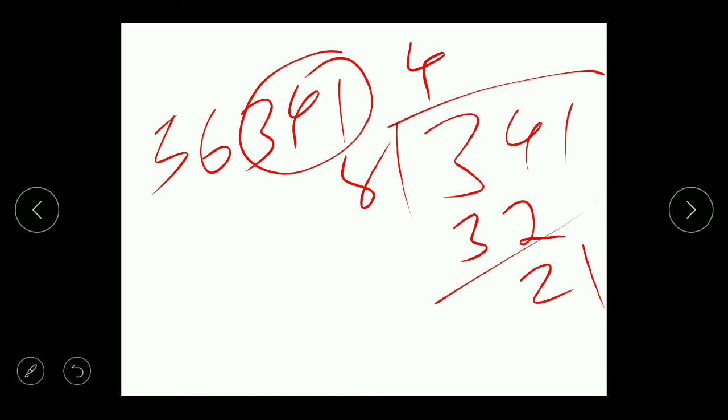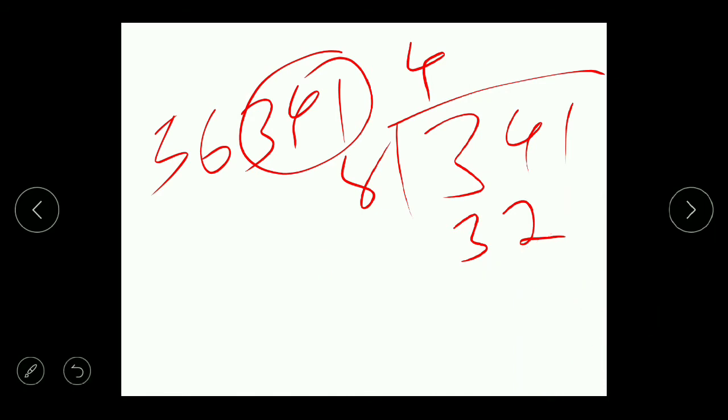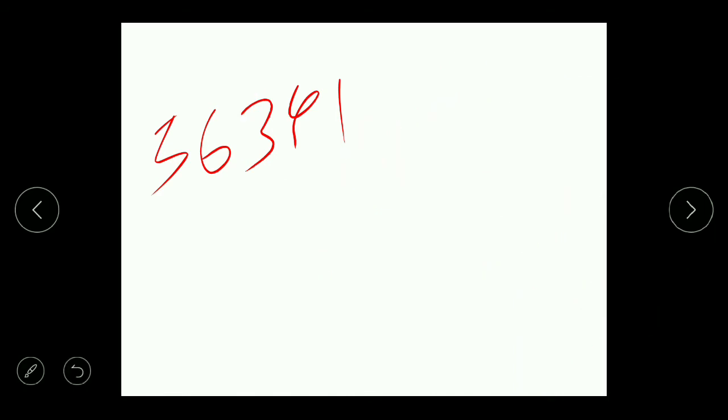In 21, 2 times, 2 into 8 is 16, and remainder 5. Okay, so here the remainder is 5. Therefore, it is not divisible by 8. 341 is not divisible by 8. Therefore, this number is also not divisible by 8. Okay, so to check the divisibility of 8, we need to take the last 3 digits. If the last 3 digits are divisible by 8, then the given number is also divisible by 8.